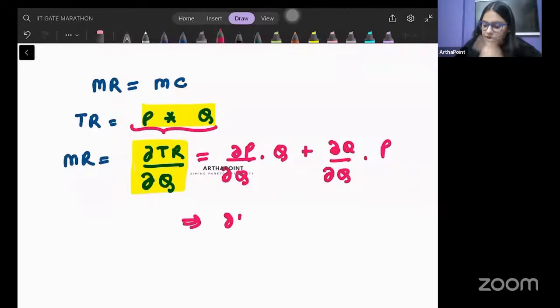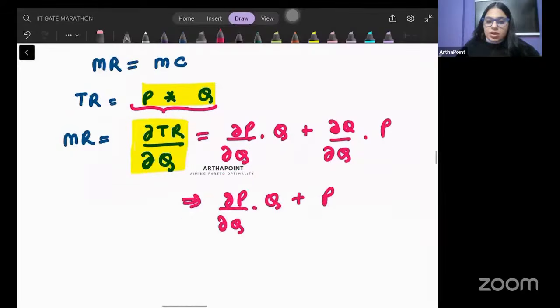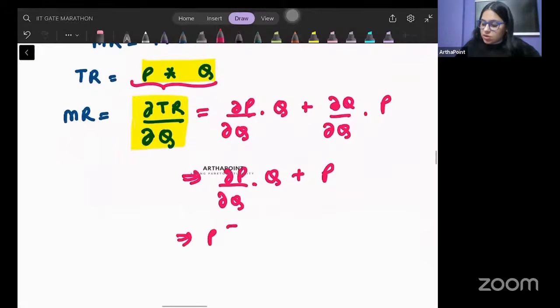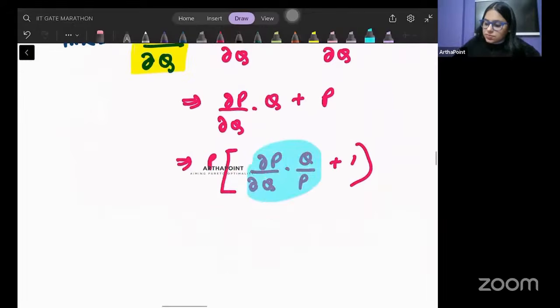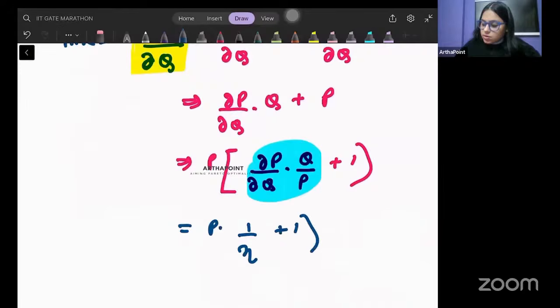This will mean del P by del Q into Q plus P. Now what you can do is take P common. So del P by del Q into Q by P plus 1. This is your inverse of elasticity. This will give you P into 1 by elasticity plus 1.